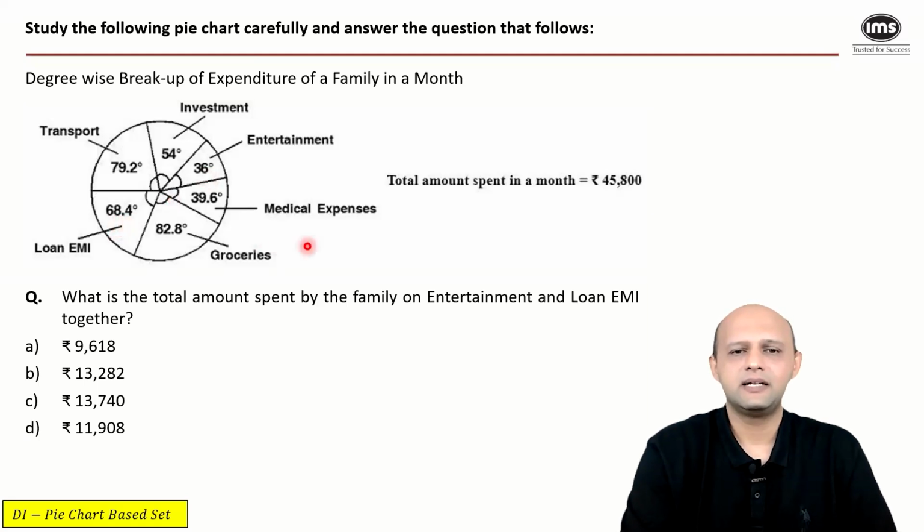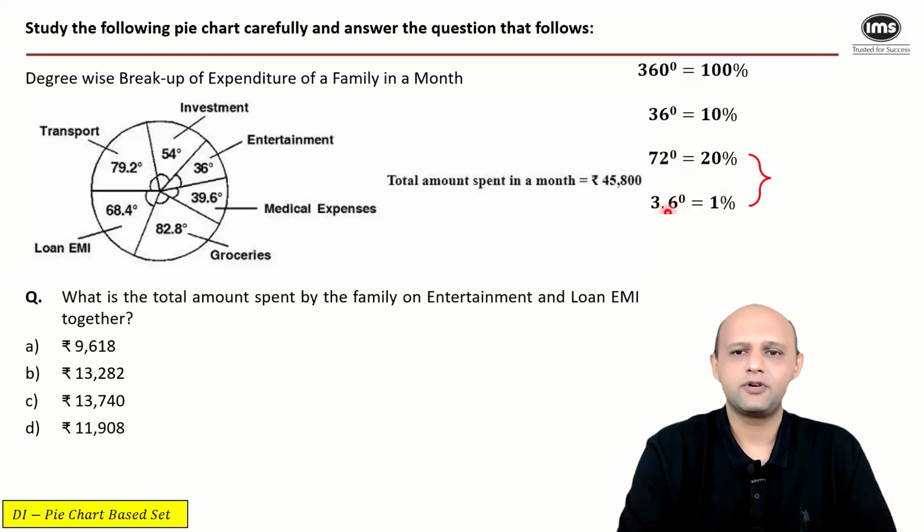Okay, that's something that we need to think about. If 360 degrees is 100%, we know that 36 degrees is 10%, 72 degrees is 20%, and 3.6 degrees is 1%. Okay, now if you just closely look at these two numbers, if you subtract 3.6 from 72, what do you get? You get 68.4. Okay, so essentially this is 19% of the entire pie.